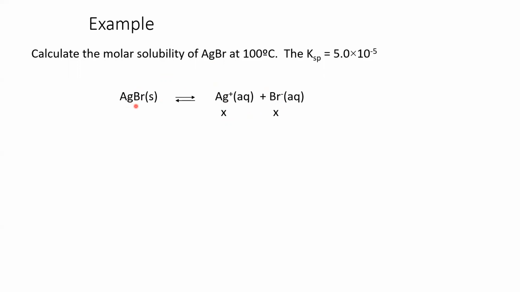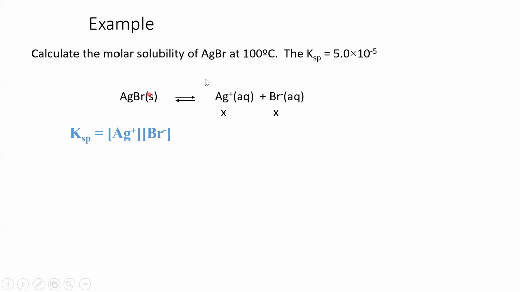So now we want to write a KSP expression. So write your KSP expression. Okay, so the concentration of silver ions times the concentration of bromide ions equals KSP.